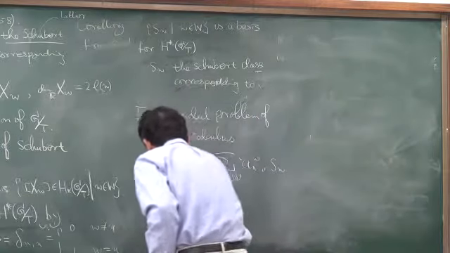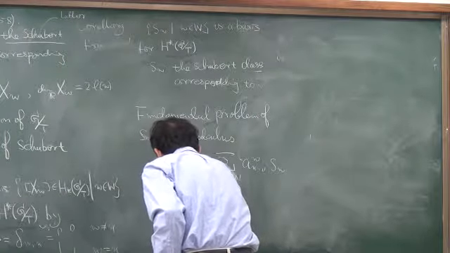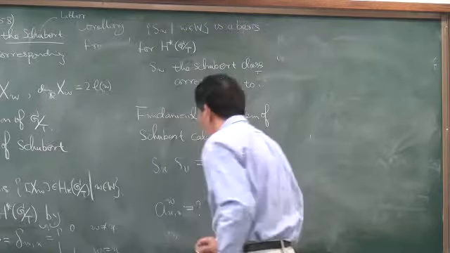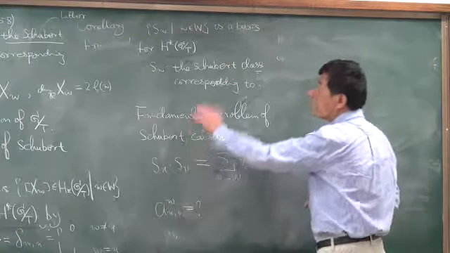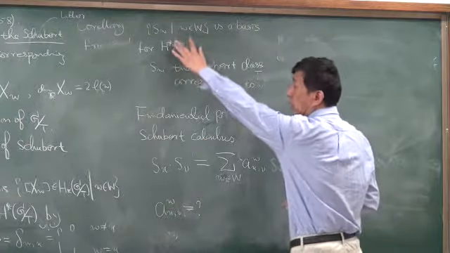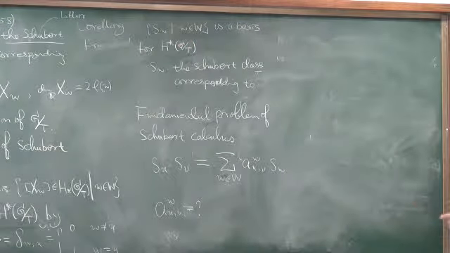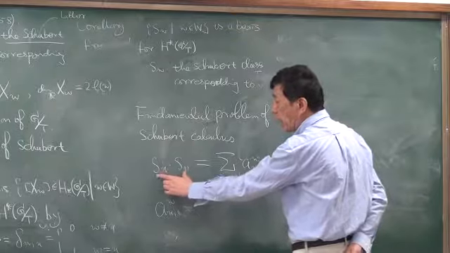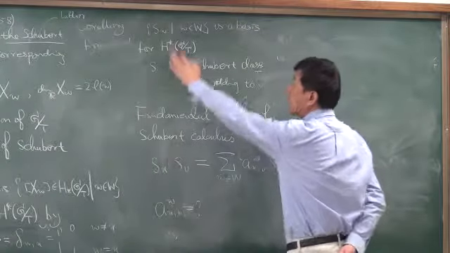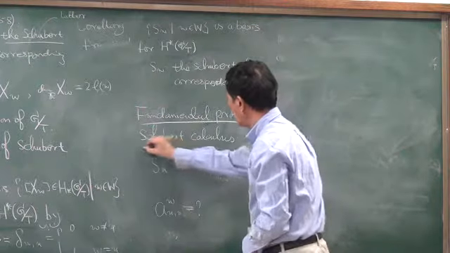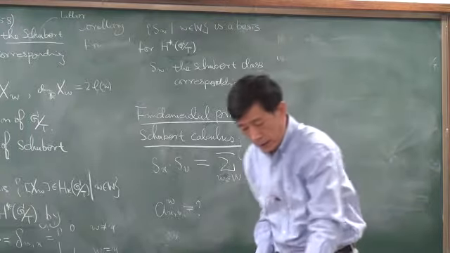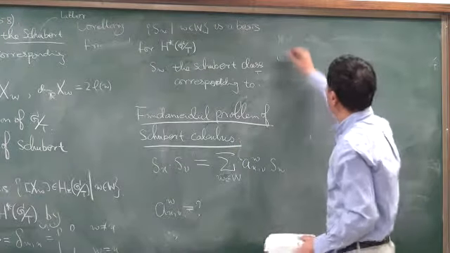Now the problem asks, what are the coefficients? Because once these numbers are all known, the ring structure with respect to Schubert classes will be clear, because this asks for the multiplication table of these basis elements. So let me leave this problem for a moment.